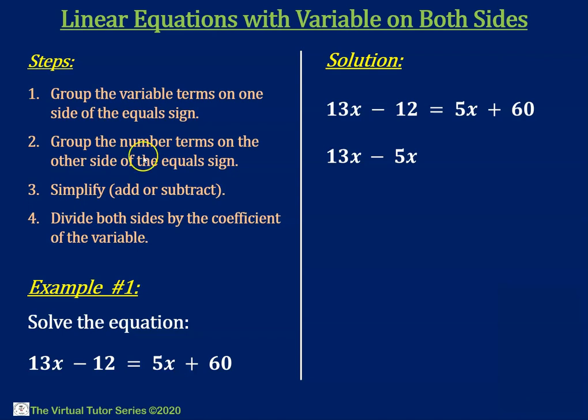Step 2 is to group the number terms on the other side of the equal sign. So let's move negative 12 to join 60 at the right-hand side. Therefore, we have 60 plus 12 at the right-hand side.